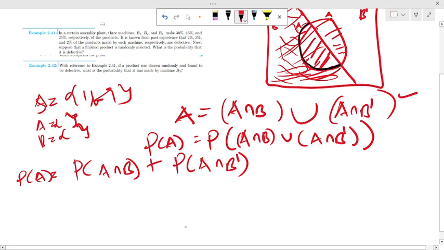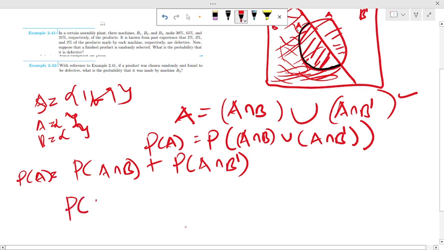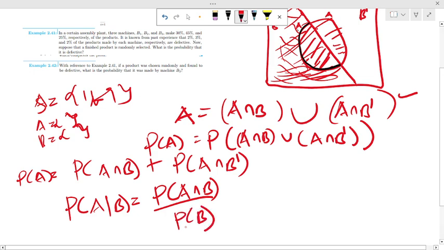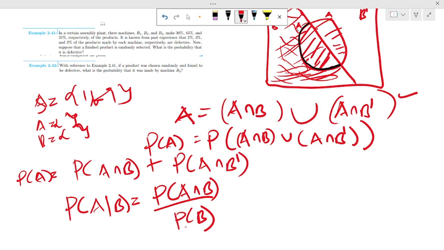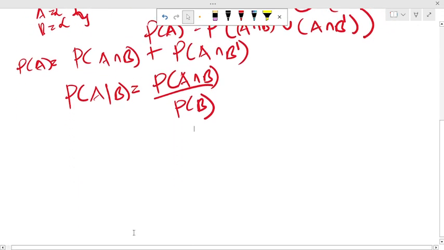From conditional probability rule, we saw that the probability that A will occur given B can be represented by the probability of A intersection B, that is A and B occurring, divided by the probability of B. If you've not done conditional probability, please check my previous video, but I will add it in the description of this video as well for you to go and rewatch.